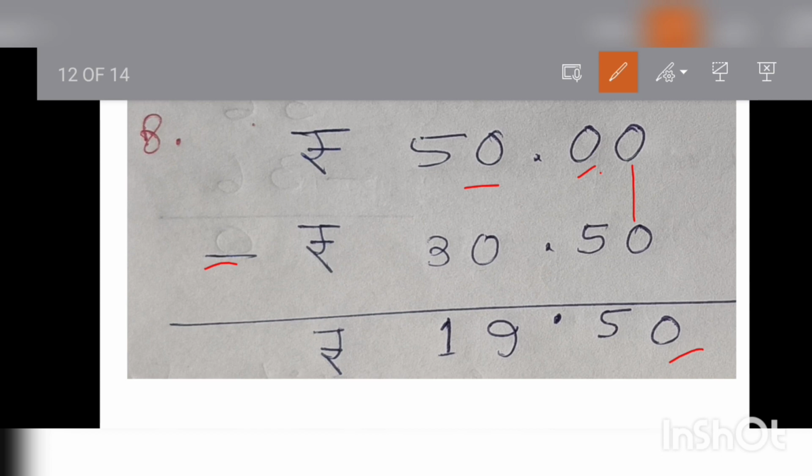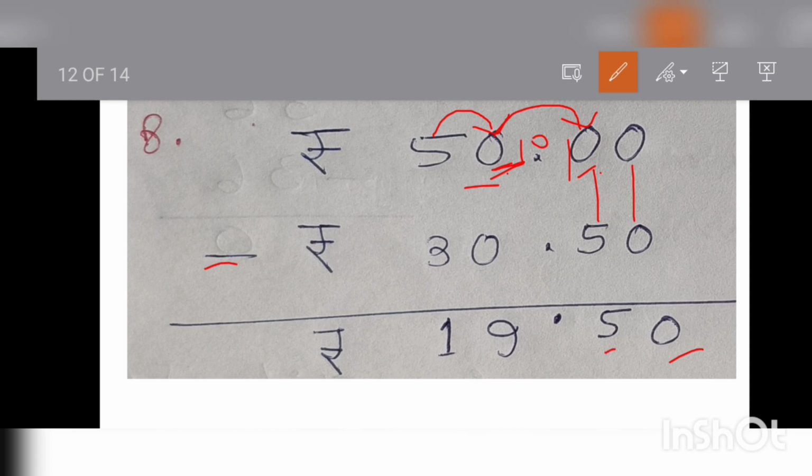Here 0 is present, so we have to borrow 1 from this 5. Now it is 10. Again you borrow from this 0, now it is 10. So 10 minus 5 is 5.